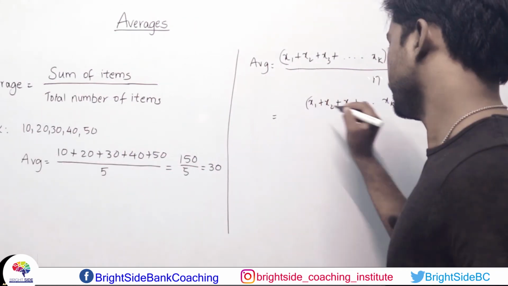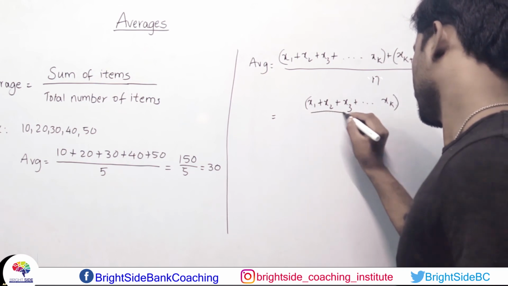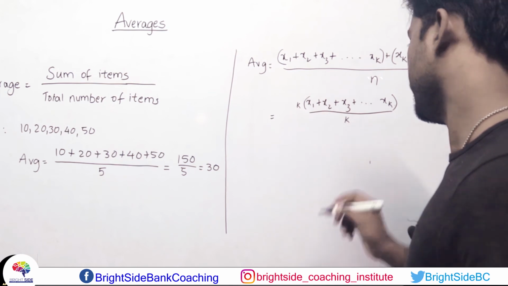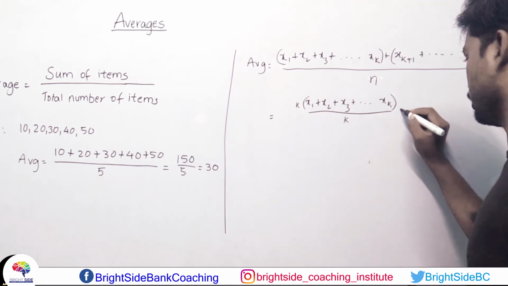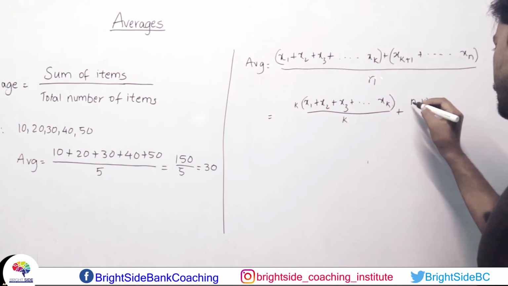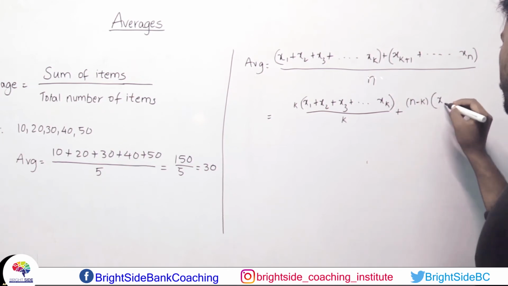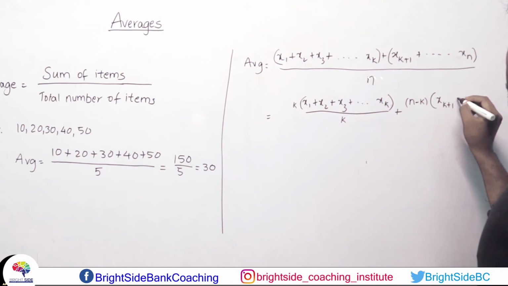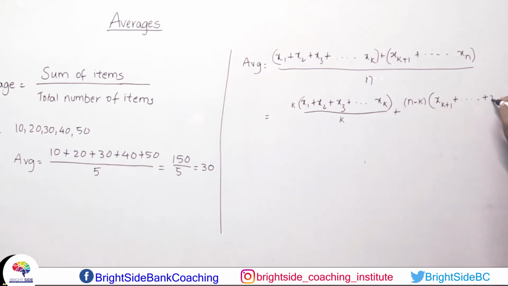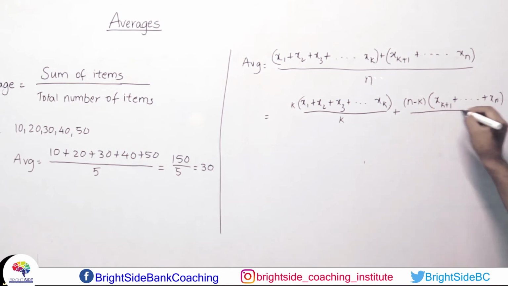So let us multiply and divide with k. If you multiply and divide with k, then the expression will not change. Here we shall multiply with n minus k: xk plus 1 and so on plus xn by n minus k.